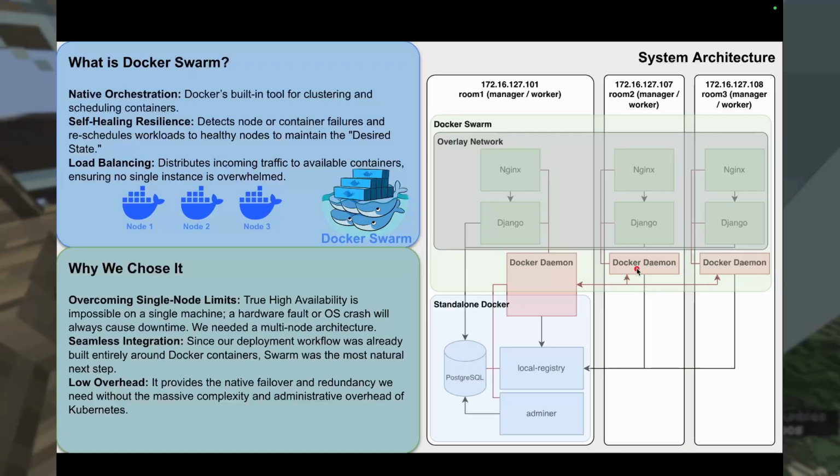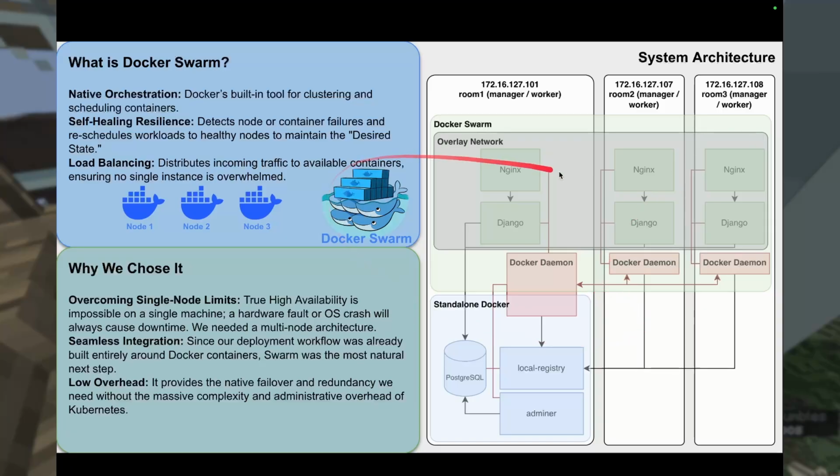And when that happens, the Docker daemons in this Docker swarm will ignore this node, and then it will create more containers to maintain the desired state. And then further traffic coming to either room 1 or room 2 will only be distributed amongst these nodes. So therefore, we have some high availability features here.